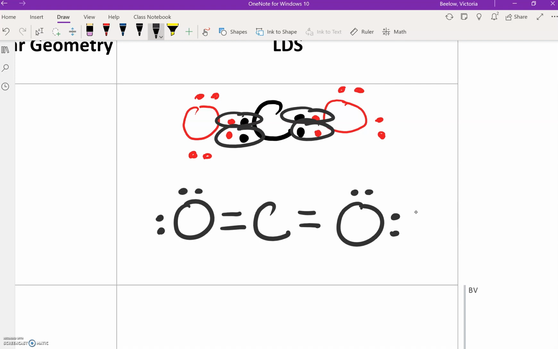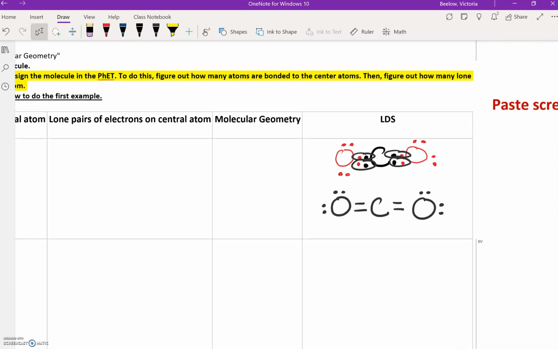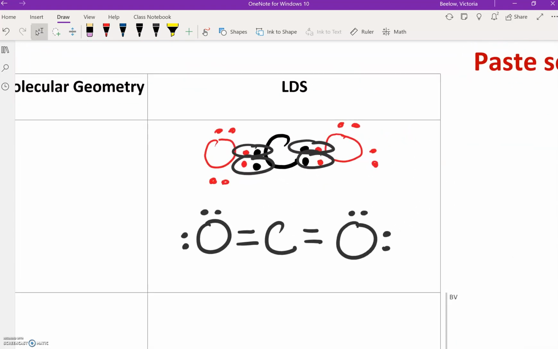So we have a double bond there, which makes sense. Carbon can form 4 bonds. Oxygen forms 2 bonds and is surrounded by 2 lone pairs. So now we have our Lewis dot structure drawn for carbon dioxide, or CO2.